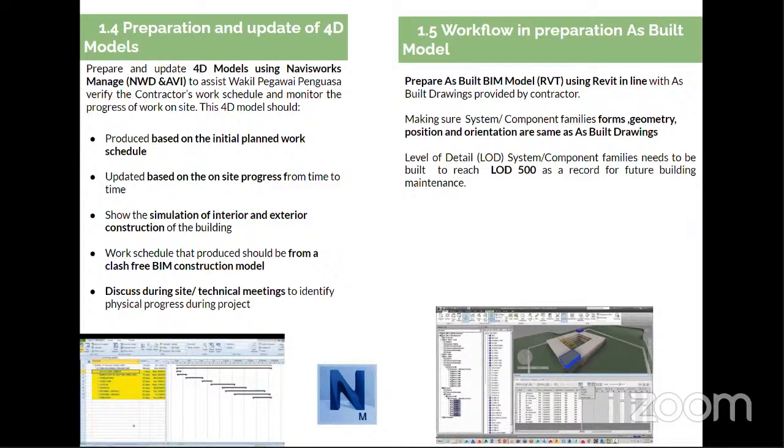So they build the as-built BIM models based on the as-built drawing provided by the contractor, and then make sure all the system families formed are the same as the as-built drawings, so that the LOD reaches LOD 500 as a record for the features of building maintenance.